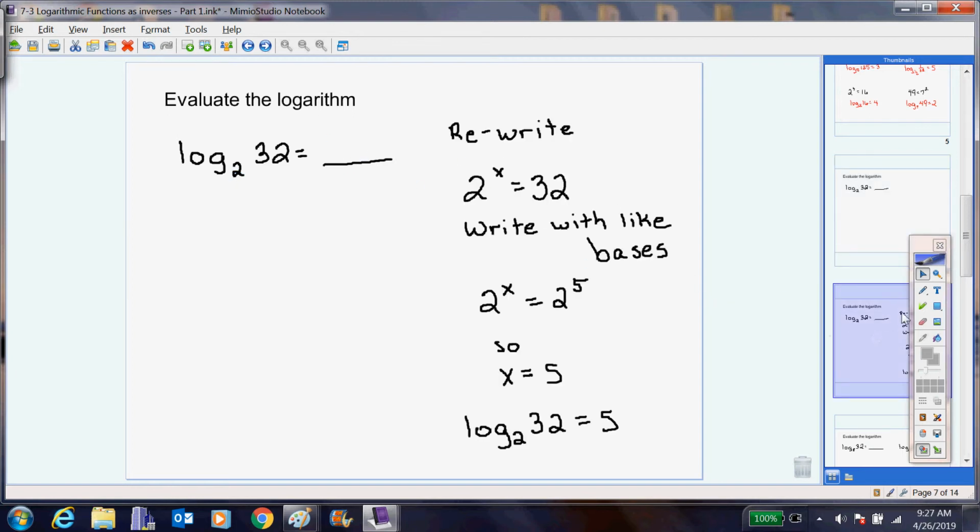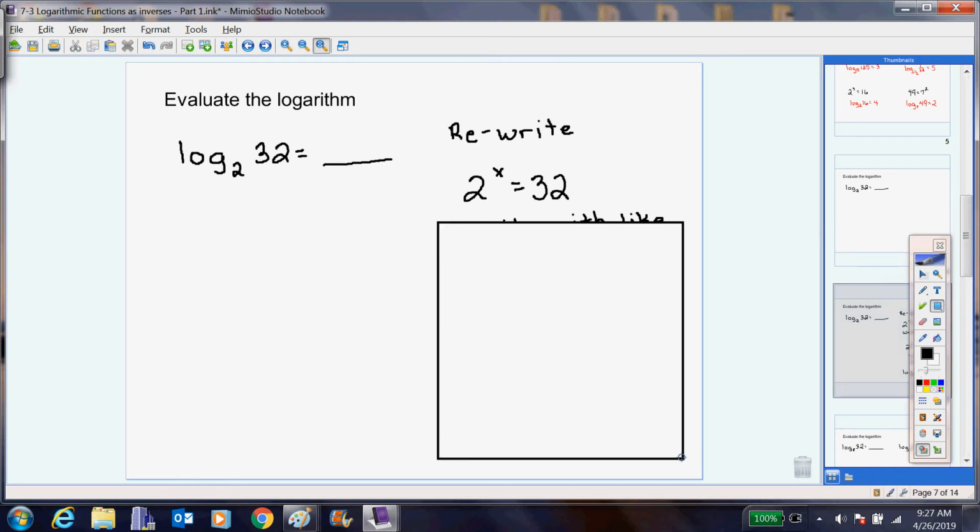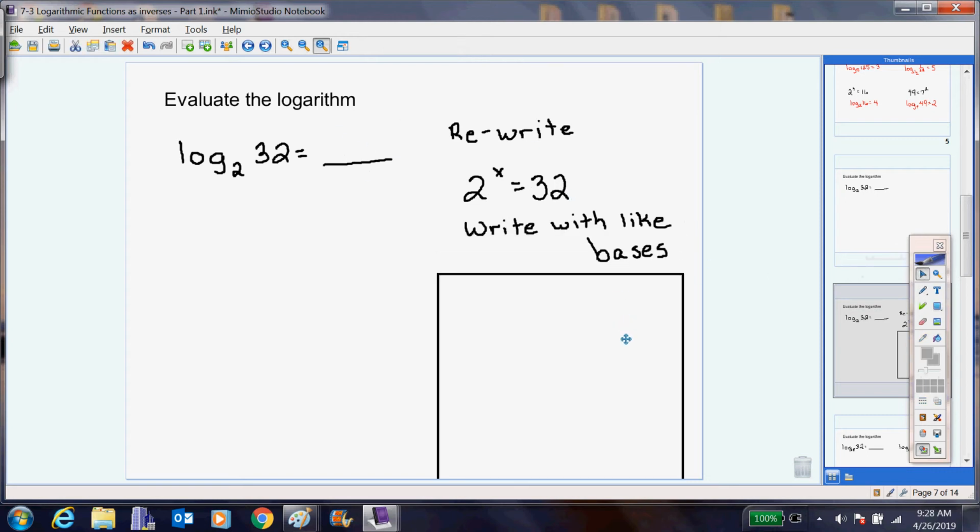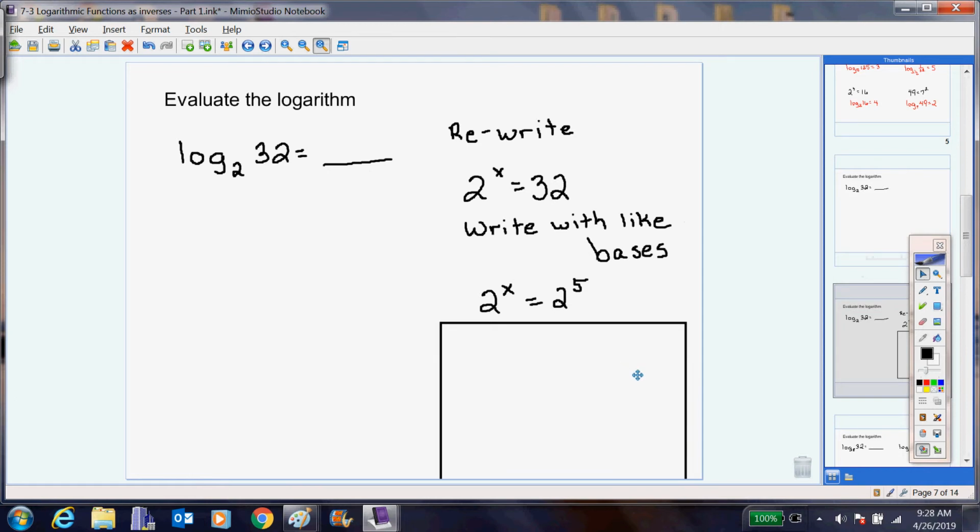For those that need a process, and we'll need this for something else, you can write it again, 2 to the x power equals 32, if you're thinking about what number this is. And then once you have it there, the other step that you could do is you could write this with the same base. 32 is 2 to the 5th power. And then you notice that x has to equal 5.